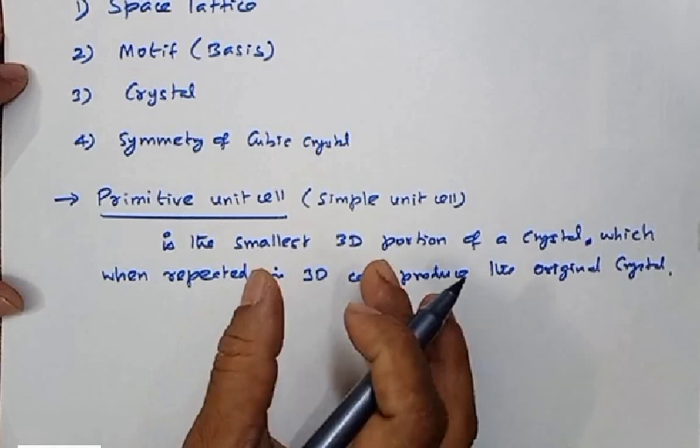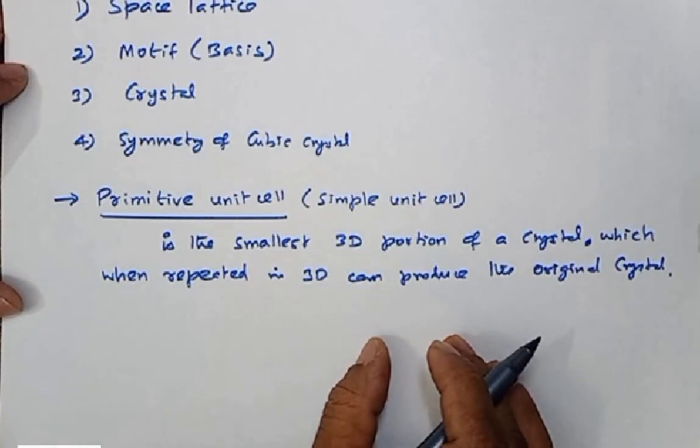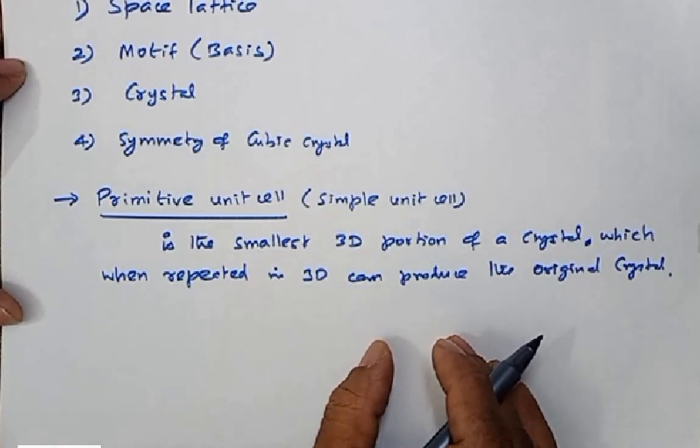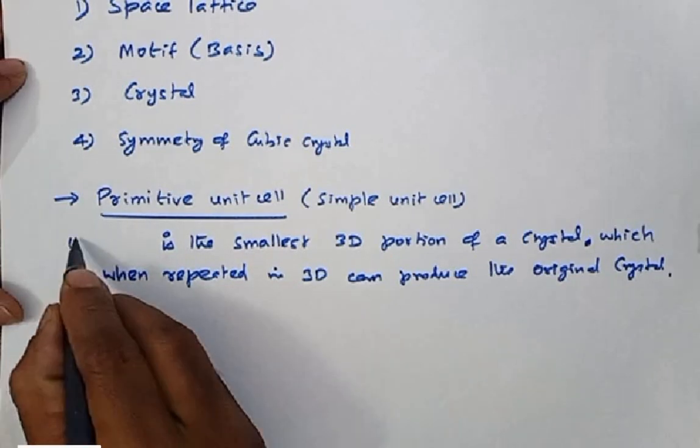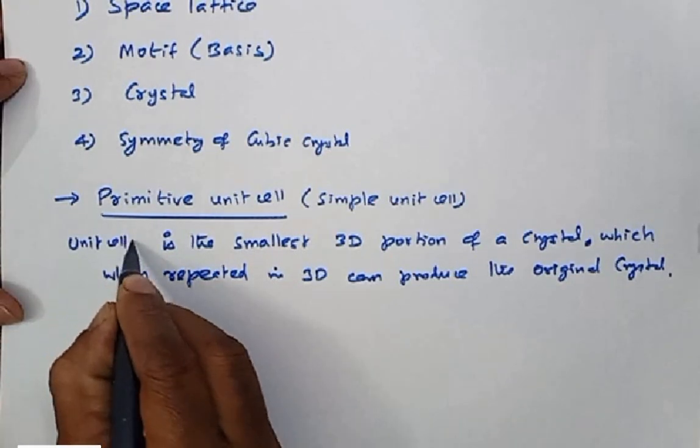Okay, that smallest portion is what we call as unit cell. This is actually the definition for unit cell. I'm sorry, this is the definition for unit cell.